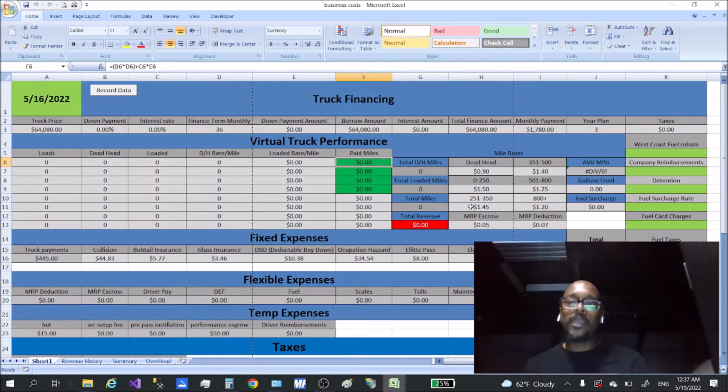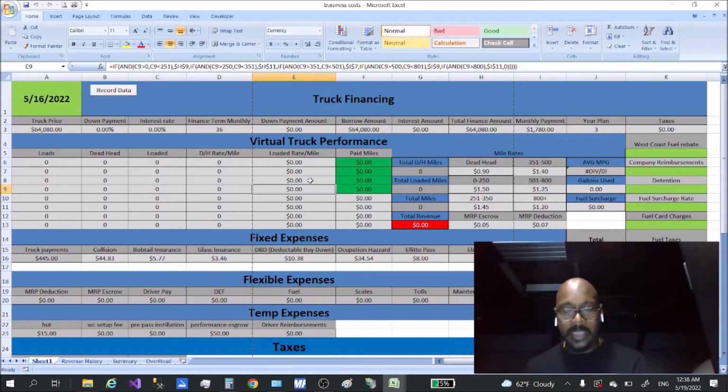And for anything that's in between 251 miles to 350 miles, they pay me $1.40 a mile. But you get the idea of how the bracket goes. So these are all the formulas right here. It just breaks everything down and calculates them accordingly.